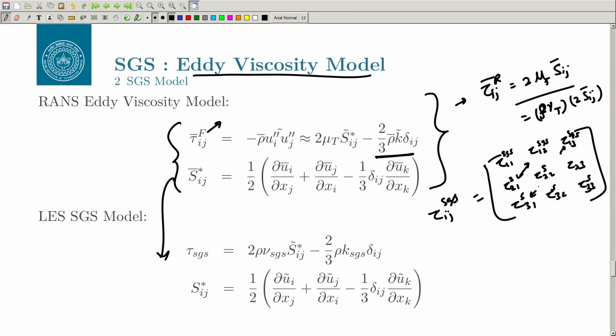And what we did in the eddy viscosity model is that we know we have the strain rate tensor available. We know that for the stress quantity, the natural distortion of the flow is related to the strain rate. So, why do we not make use of the strain rate here also?